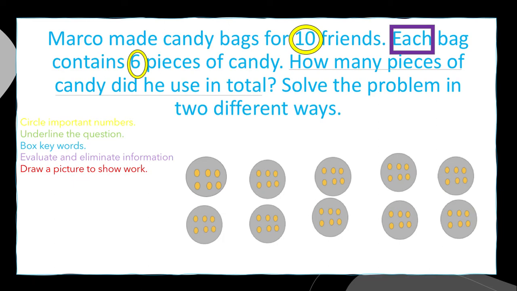When I count all of those together, I know that I would get 60. 10 times 6 equals 60. 6, when you repeatedly add it together 10 times, also equals 60. So I drew a picture, and that's the first way I solved it. You can solve it another way on a piece of paper if you would like.